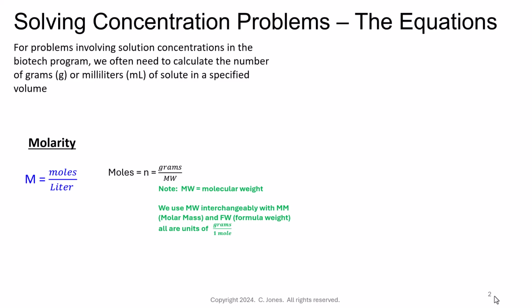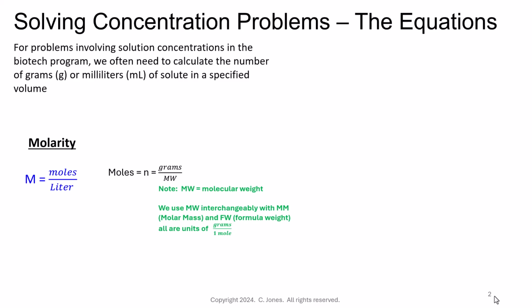In modern times, we sometimes use MM as molar mass, and in really older times, we used FW, formula weight. They're all used interchangeably. MW, MM, and FW are all in units of grams per 1 mole. I would remind you that you can look up the molecular weight of a molecule on the web. Just type in molecular weight of whatever the molecule is.